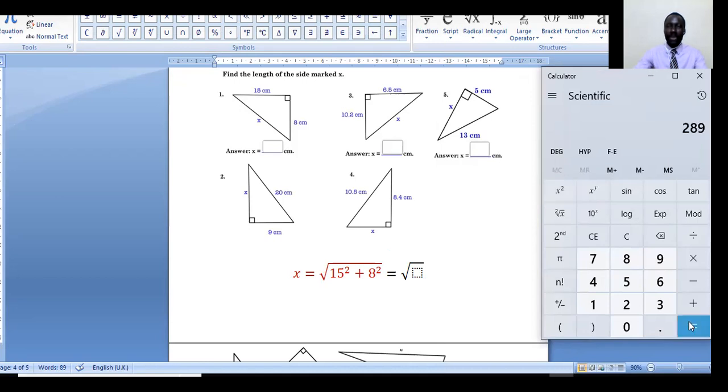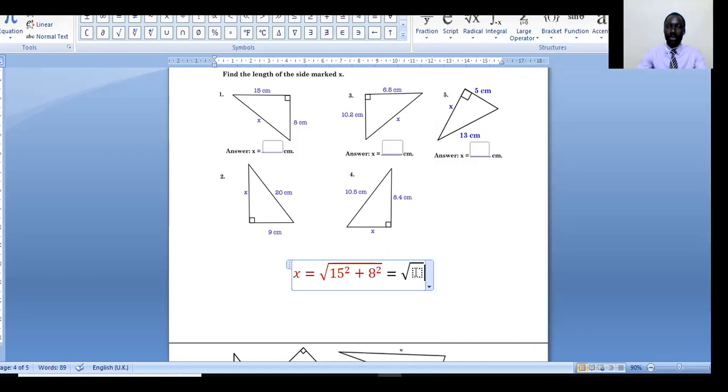Well, we get 289. So what is the square root of 289?